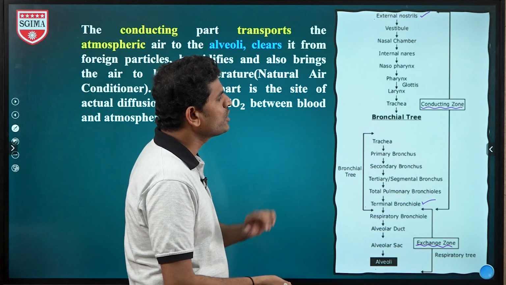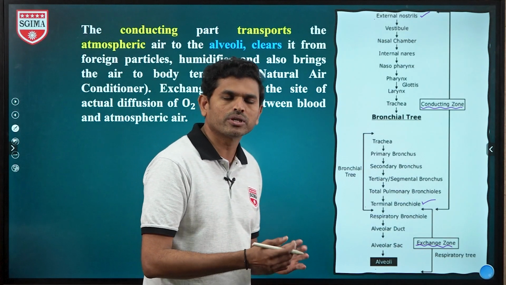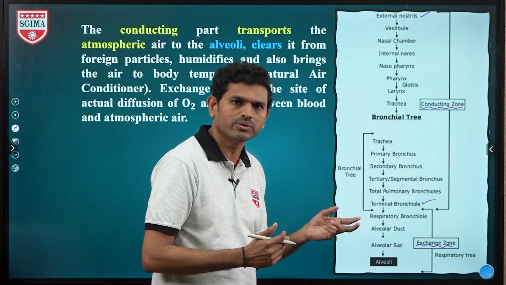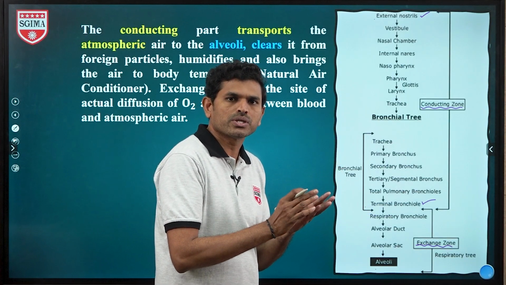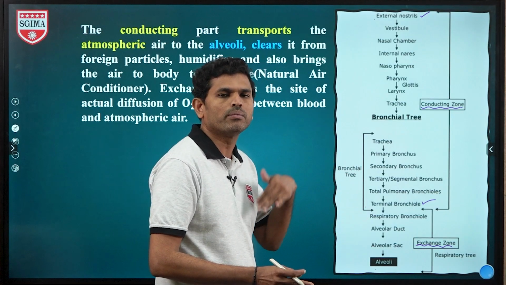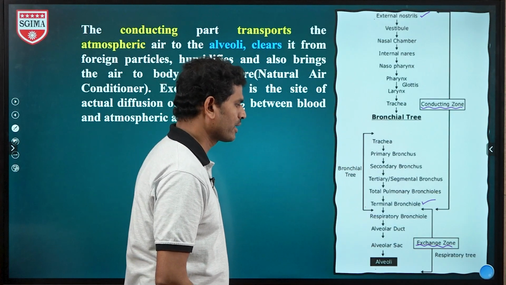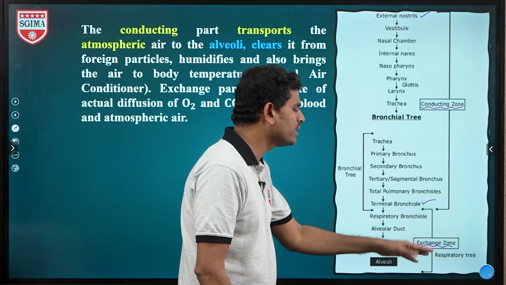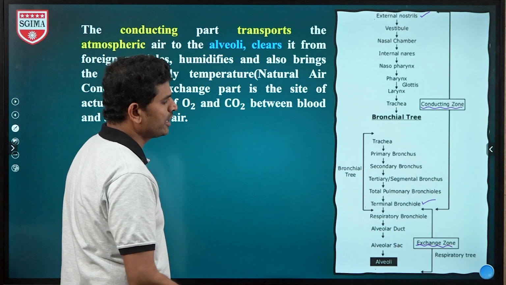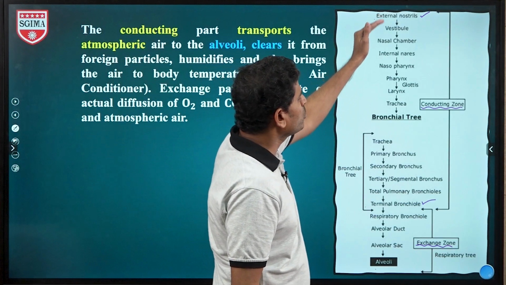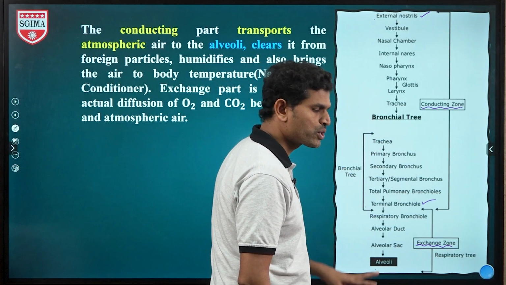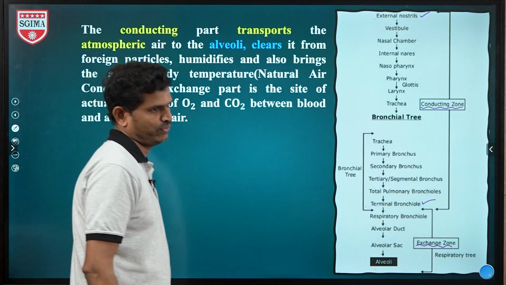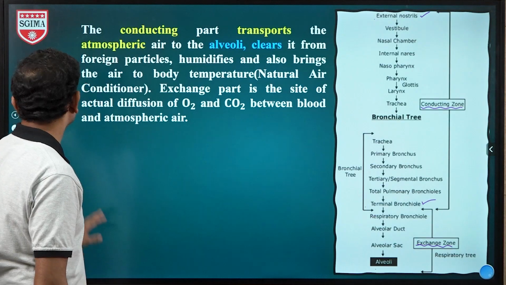The conducting zone cleans the air which has entered and modifies the temperature and humidity suitable to our body. That is its function. And the exchanging zone helps in the exchange of gases. Here we have to remember from where to where the conducting portion extends and what its function is, and from where to where the exchanging zone extends and what it does. So this is important.